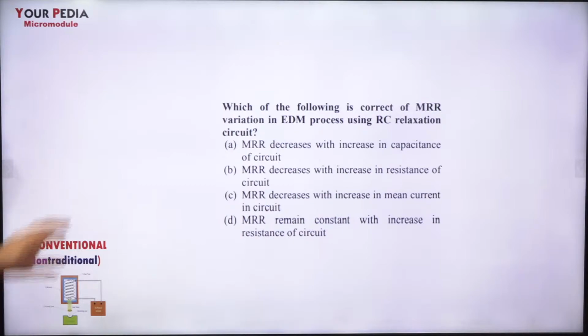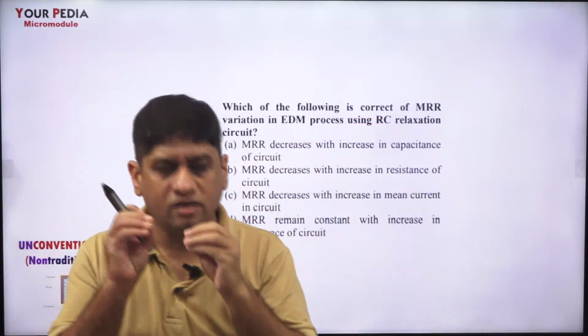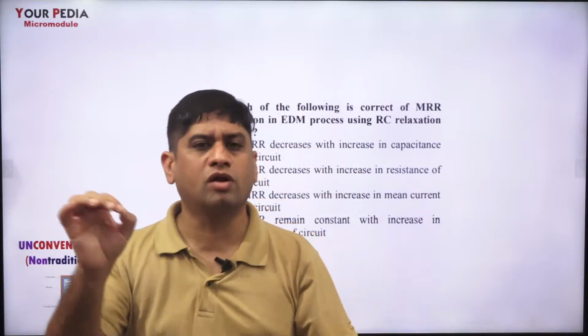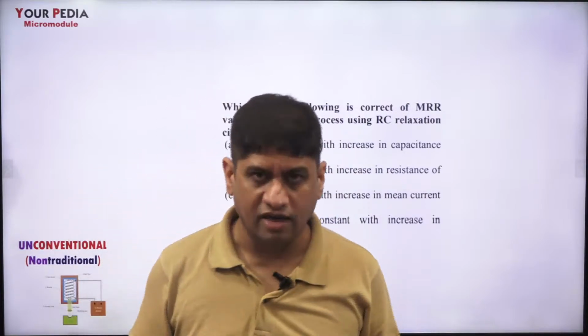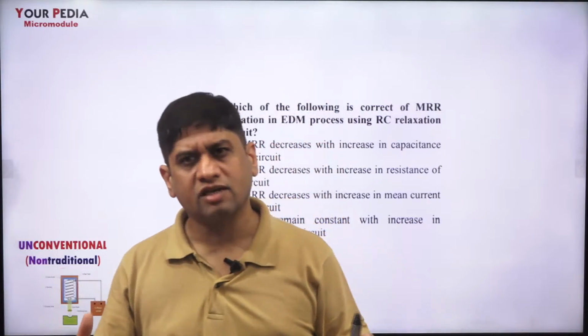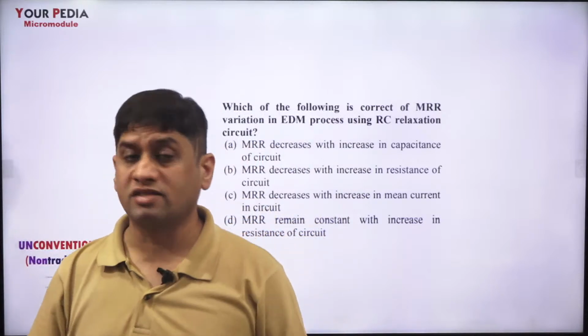Remember that in EDM, whenever I want to create the spark, the entire capacitor gets discharged at a particular moment, the entire energy is released and a spark is produced. Then the capacitor gets charged again and discharged again. That is called an RC circuit.